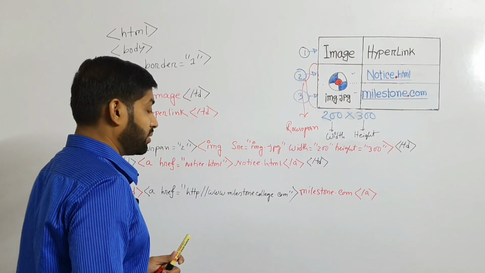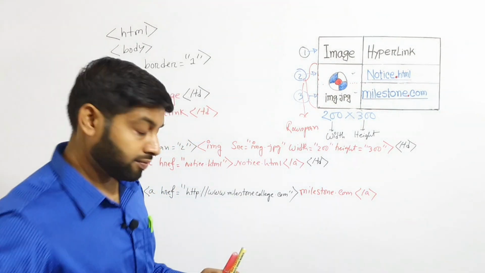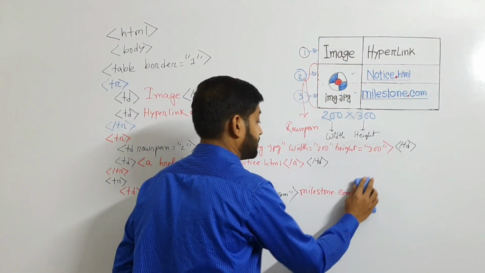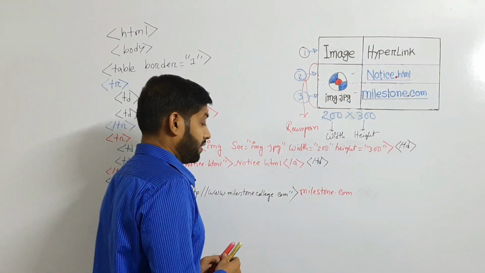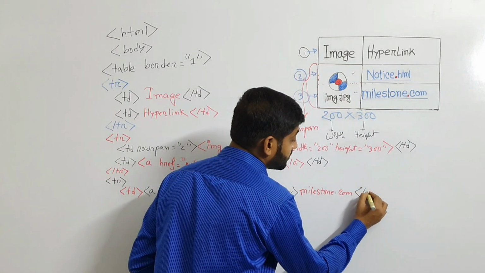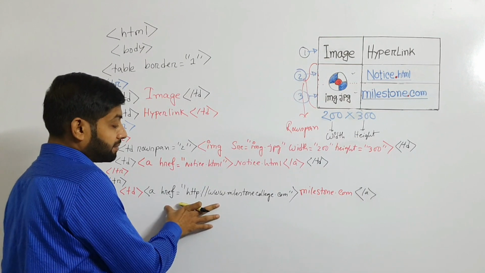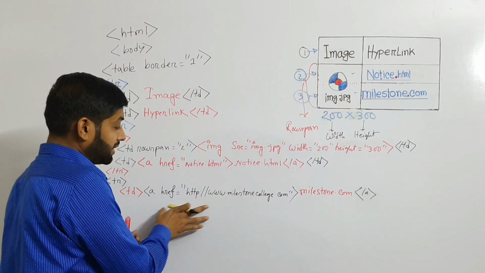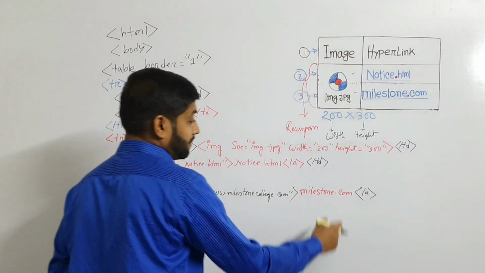Then the a tag will be closed. So that's why you see I'm just finishing my external hyperlink, the a tag opened with the link given and the link name.